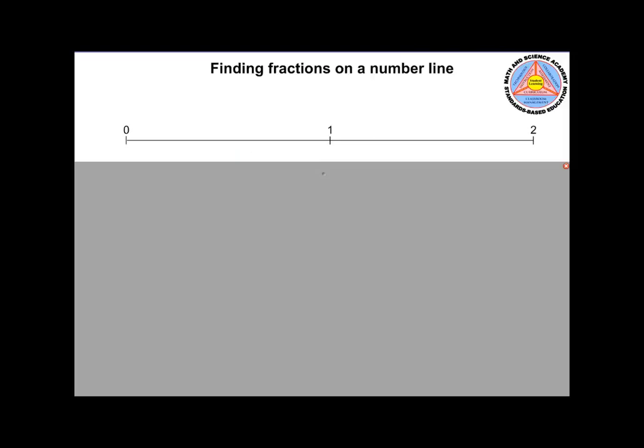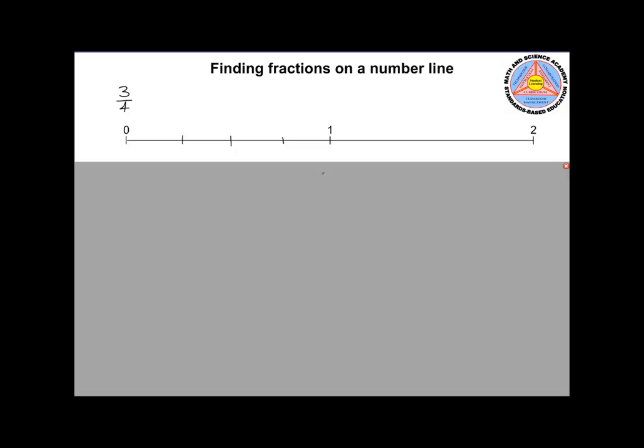One of the things that students need to know how to do is to locate fractions on a number line. For simple fractions, such as 3/4, we can proceed from the definition. We simply break the unit segment into 4 equal parts.